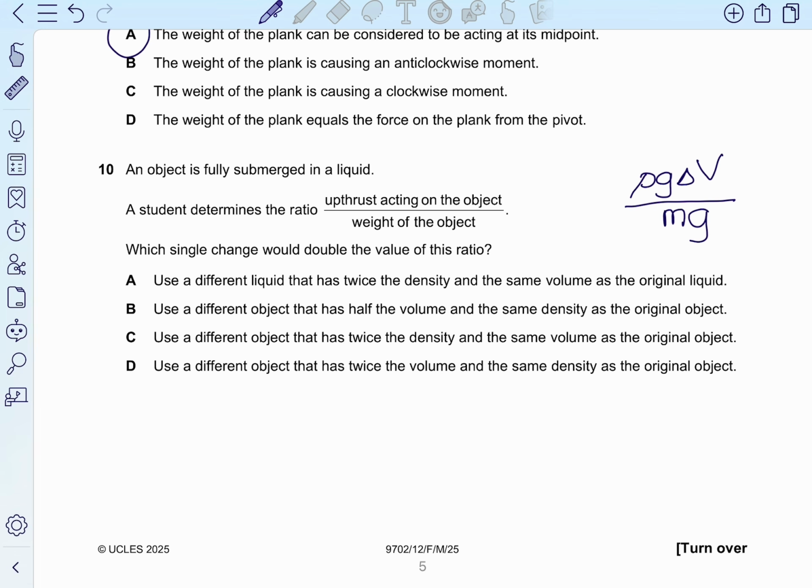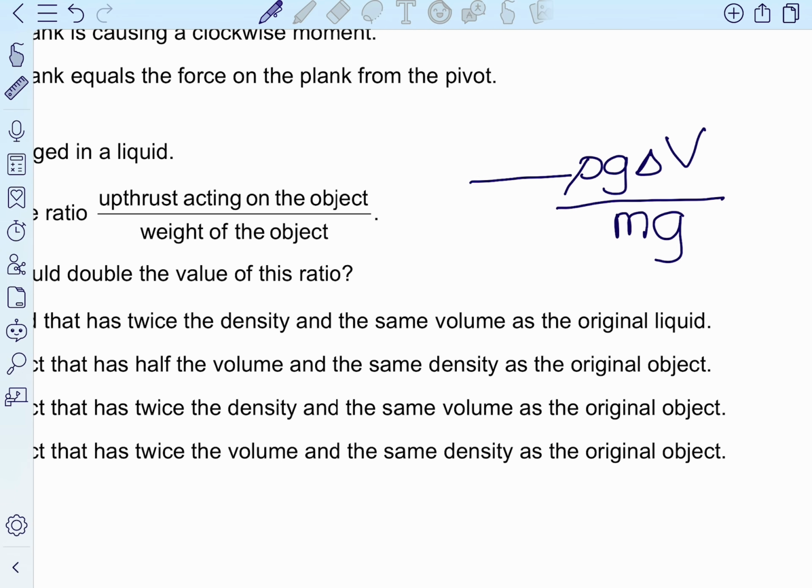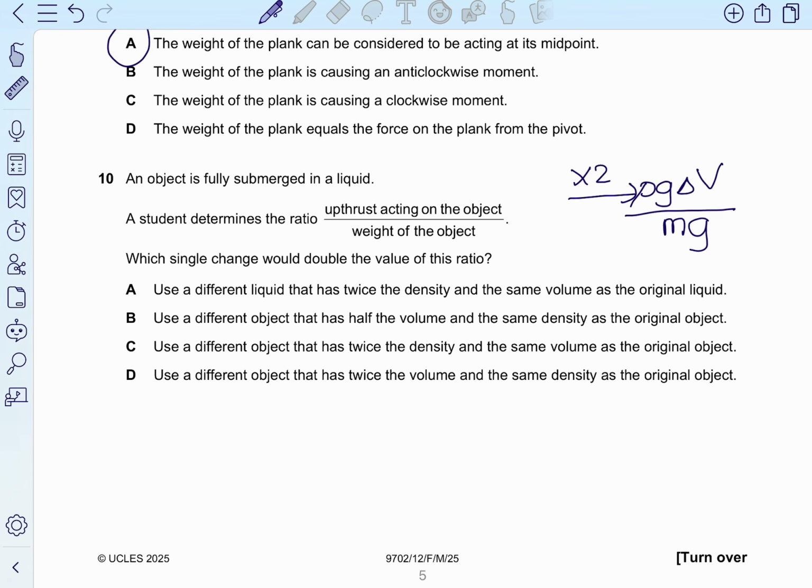If I multiply the density by 2 and keep the volume the same, g remains the same, the space occupied by the object in the liquid remains the same, and the weight of the object is the same, so obviously the upthrust will be multiplied by 2.